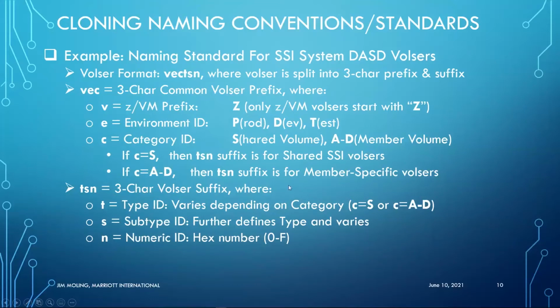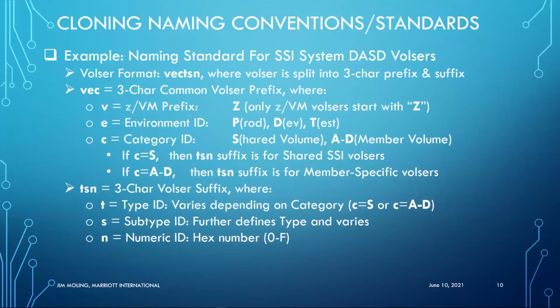So the 3-character suffix is kind of transitional, as we'll see. The standard indicators are that the 4th, 5th, and 6th are type, subtype, and the last position is numeric. The idea is that for the naming convention, you can use up to 5 of the 6, but you need to have at least 1 position to allow you to have more than one of those things, right?